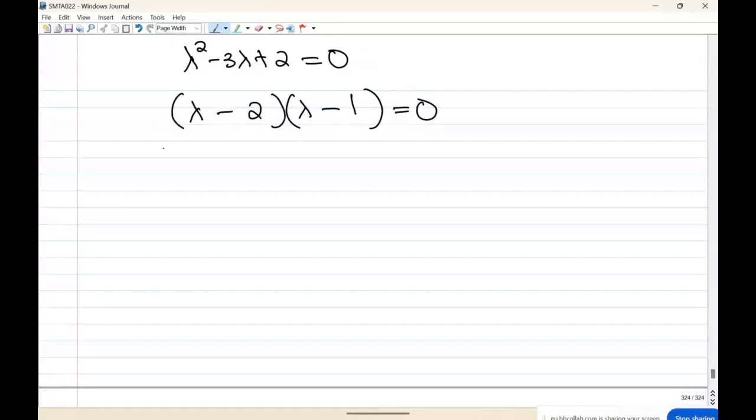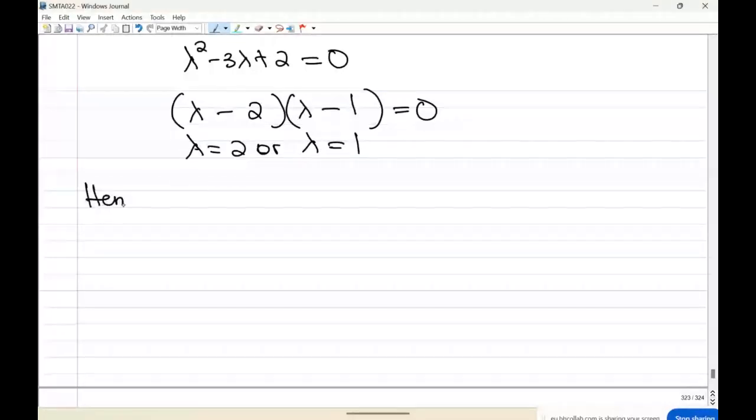From this, we solve for lambda. Do you say lambda equals 2 or lambda equals what? Equals 1, isn't it? So now these lambdas, according to the definition, we call them what? Hence the eigenvalues. These lambdas are your eigenvalues.